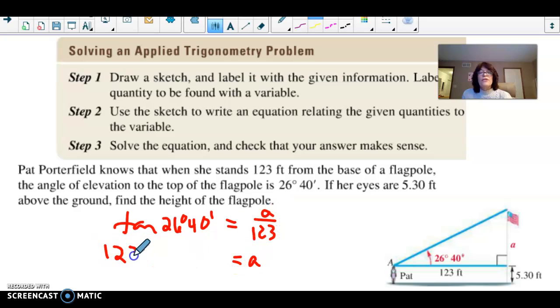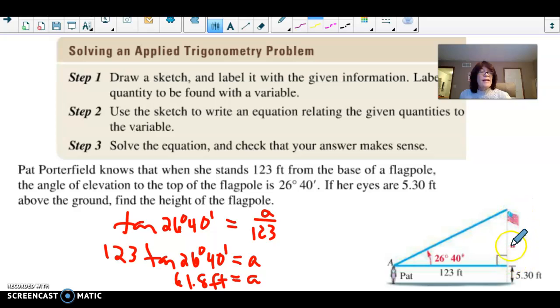If I take 123 times the tangent of 26 degrees 40 minutes, I should get it. That would be what A equals. When you do this on your calculator, you should get what I get, so that you know you're using your calculator correctly.